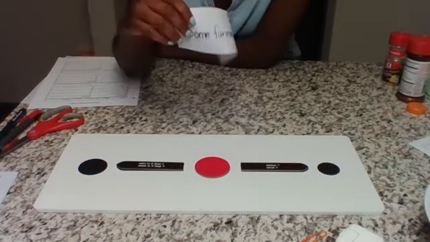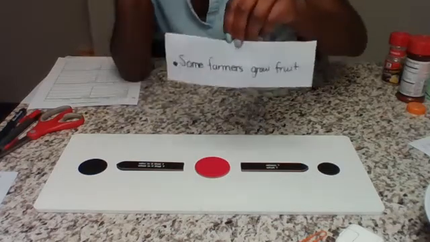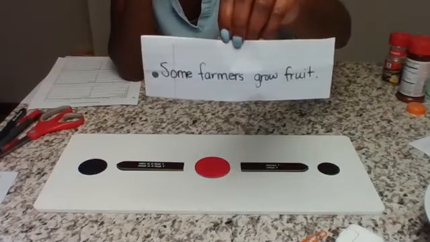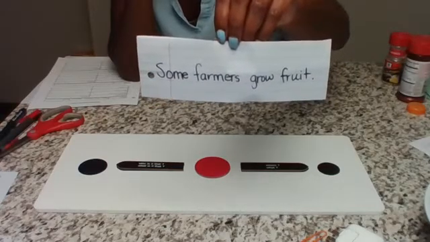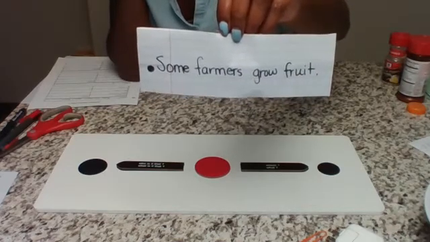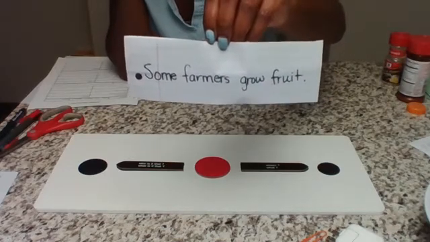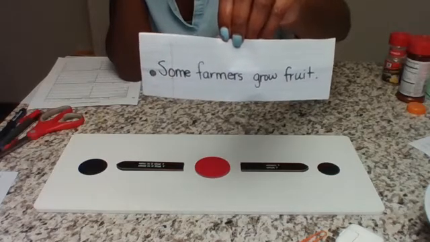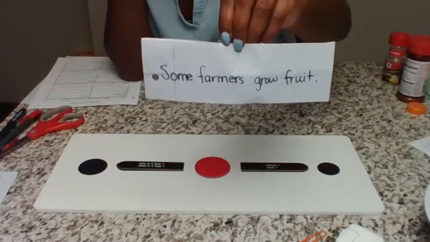So I have this sentence right here, and I would like for you all to read it. It says, some farmers grow fruit. If I look at the sentence again, and we said that we were going to first look at the verb, what is the verb in our sentence?